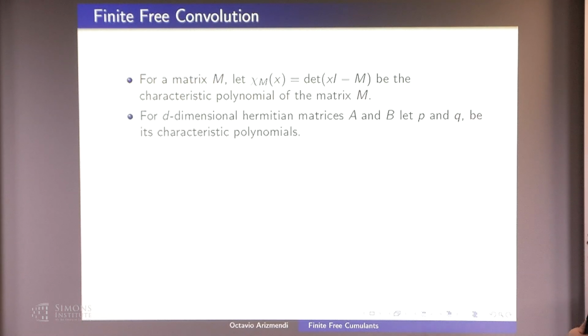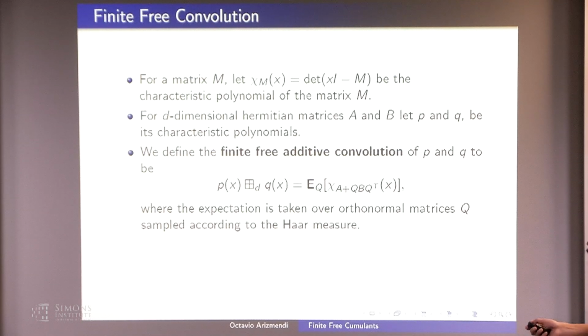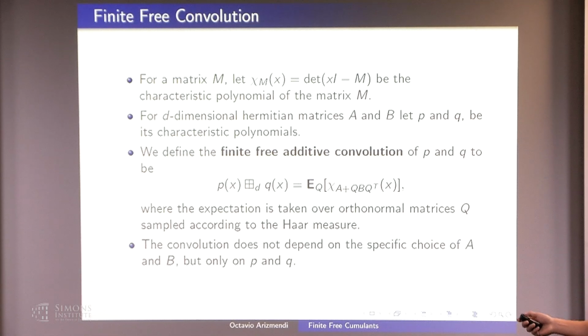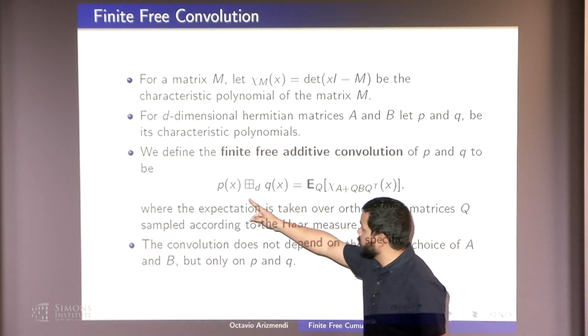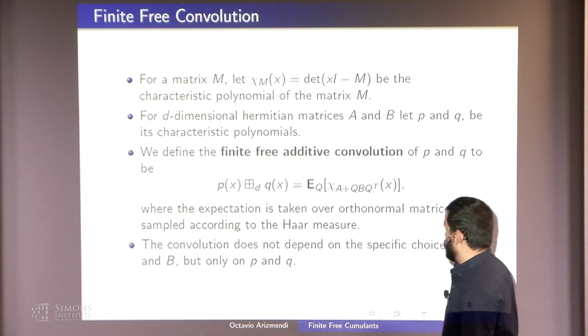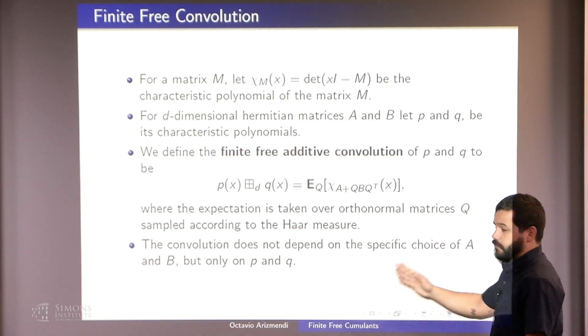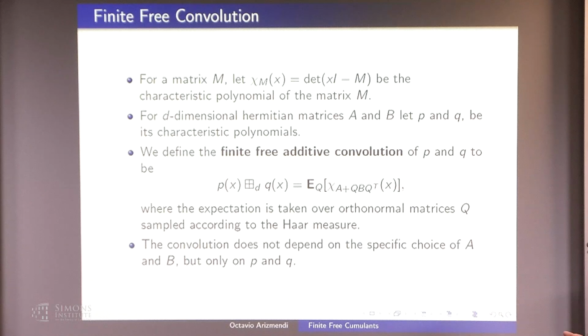This is exactly what I'm saying here. Of course, if this is to be a definition, one should see that it doesn't depend on A and B, just as free convolution.